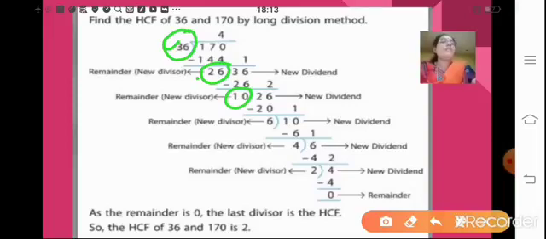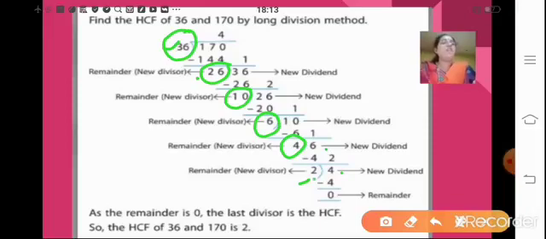So 4 will become your new divisor and this 6 will become again your dividend here. So 6 when divided by 4, 4 ones are 4. So 6 minus 4 is 2. So that remainder will become your new divisor and the previous one will become your new dividend.